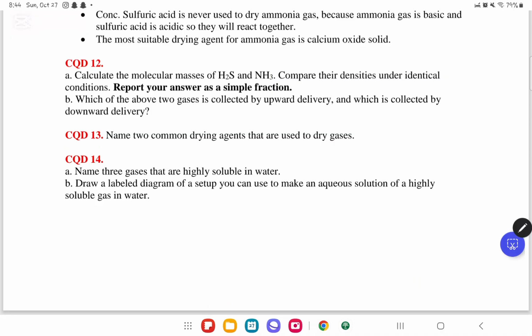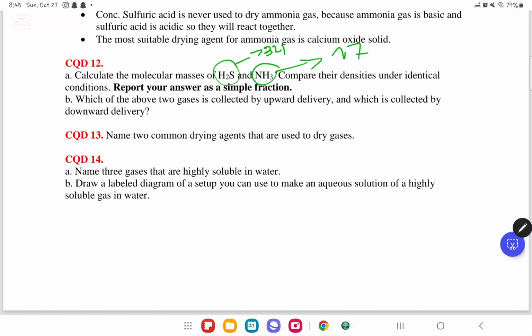So now, number 12. Okay, so we need to calculate the molecular masses of H2S and NH3. The molar mass of H2S is 34, and then the molar mass of ammonia is 17.